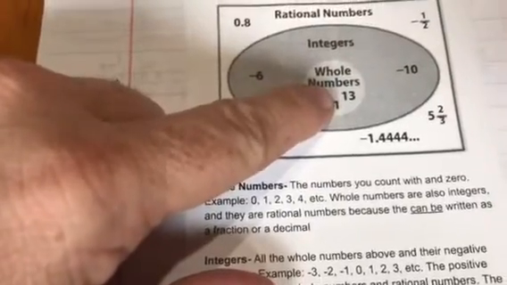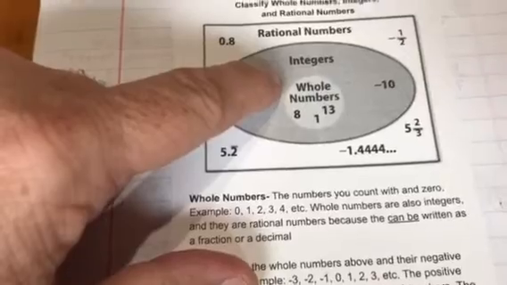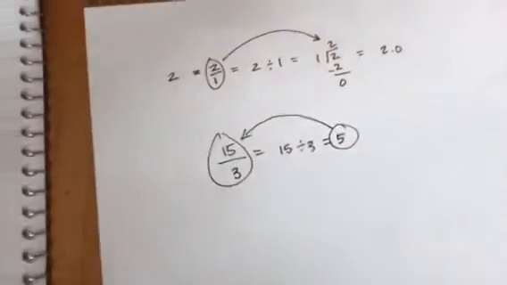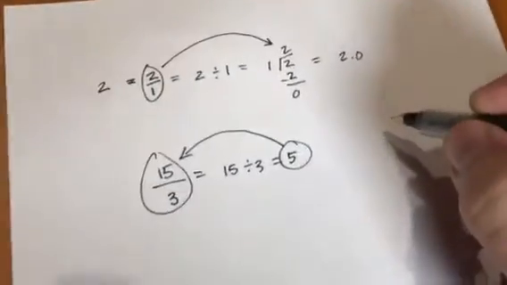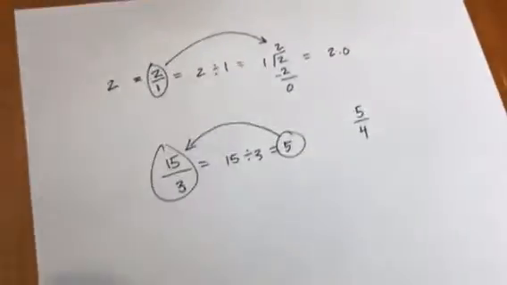So if I gave them the number 15 thirds, it would actually go here with the whole numbers, because it is a whole number. All whole numbers are integers, and it can be written as a fraction, which makes it a rational number. But that's not true of all improper fractions. You could have an improper fraction like 5 fourths.